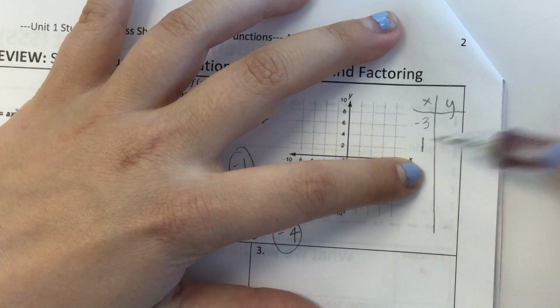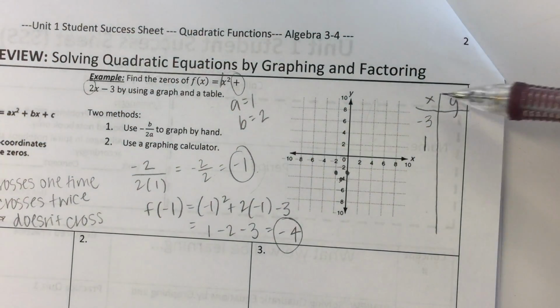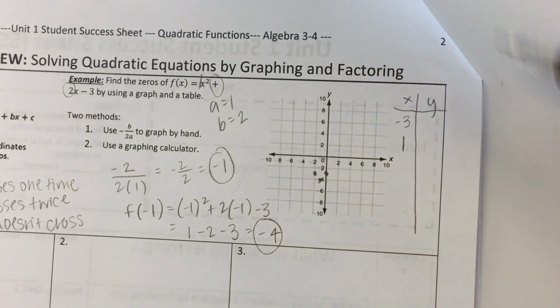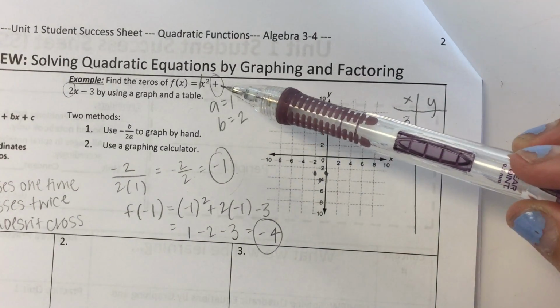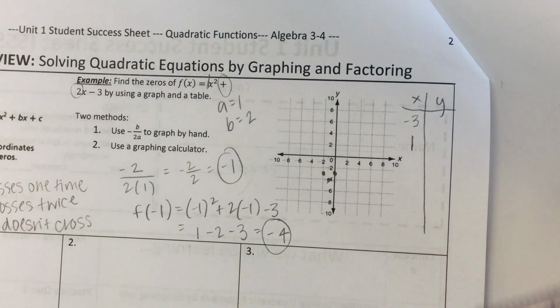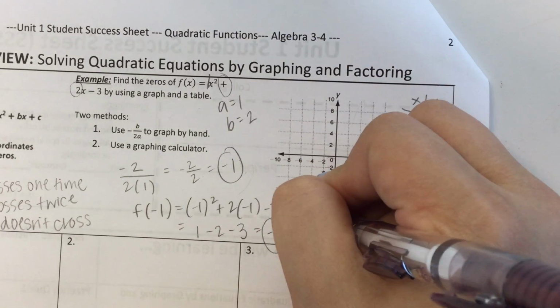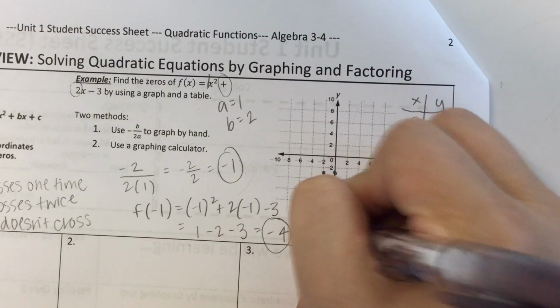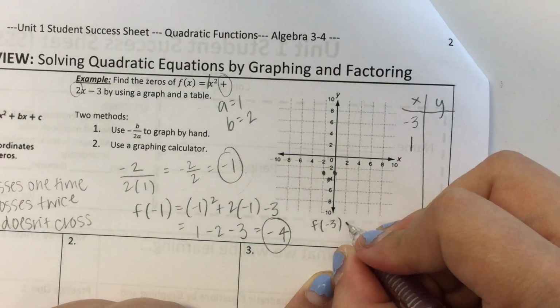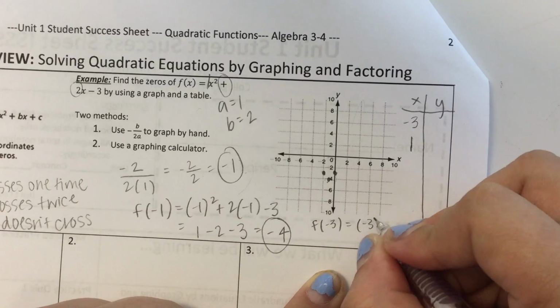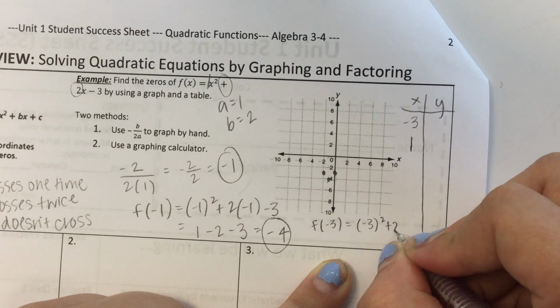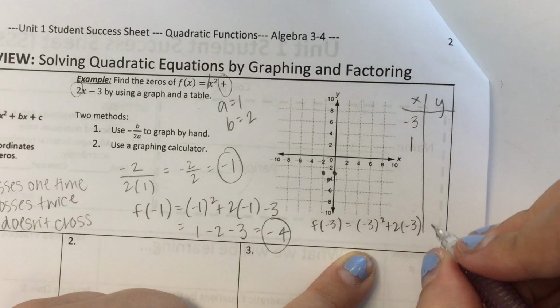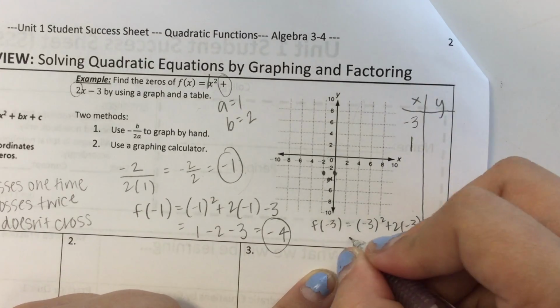To figure out the y values, all we have to do is take these points and plug them into our original function. So f of negative 3 equals negative 3 squared plus 2 times negative 3 minus 3.